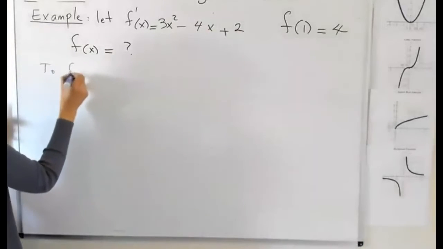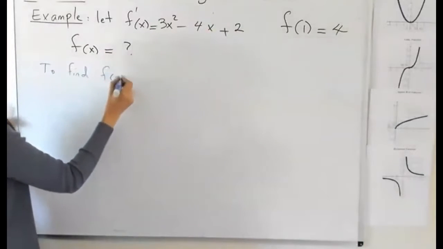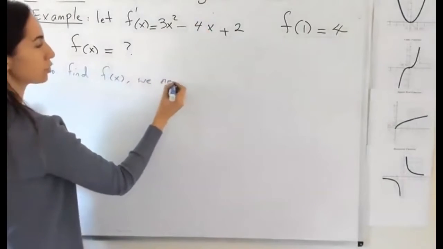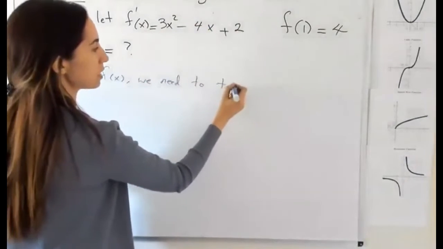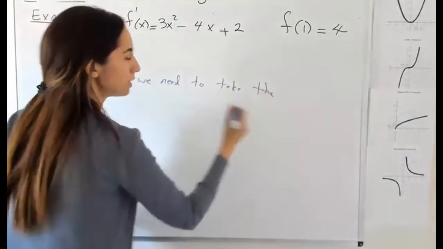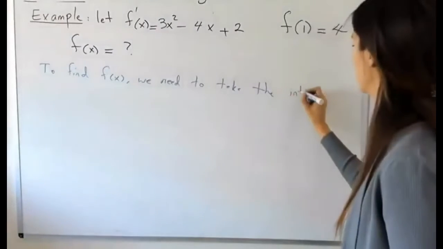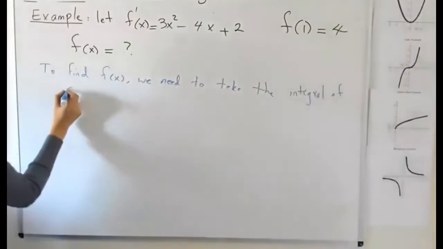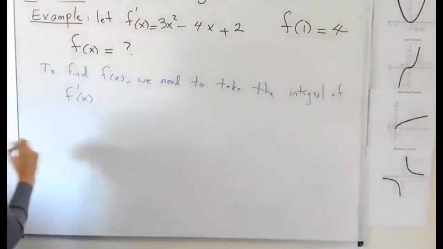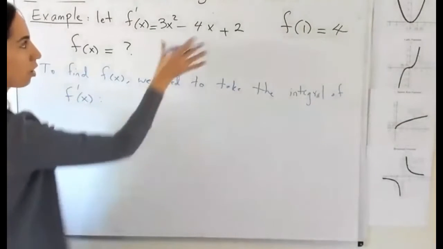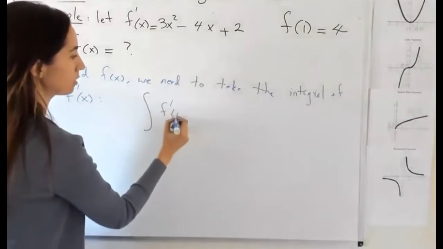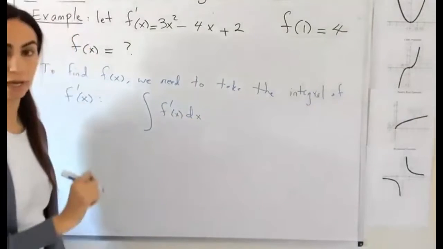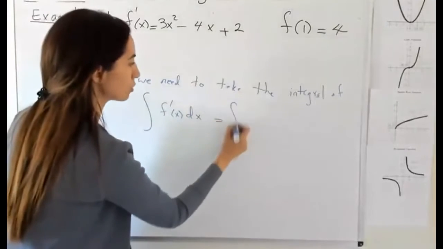To find f of x, we need to take the integral of f prime of x. So the integral of f prime of x with respect to variable x, dx is equal to the integral.